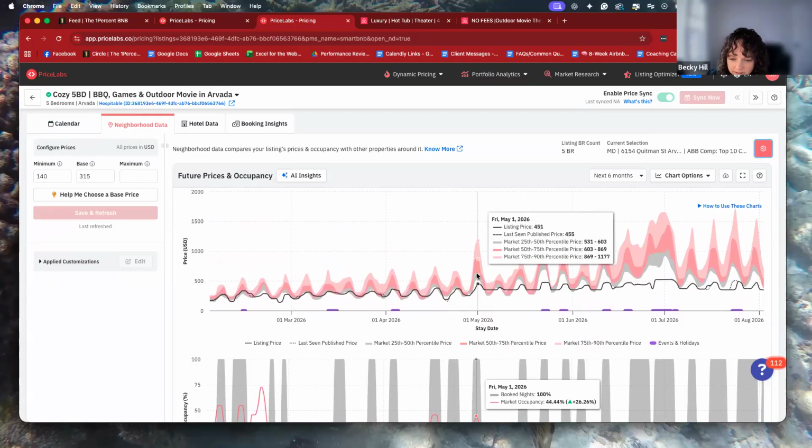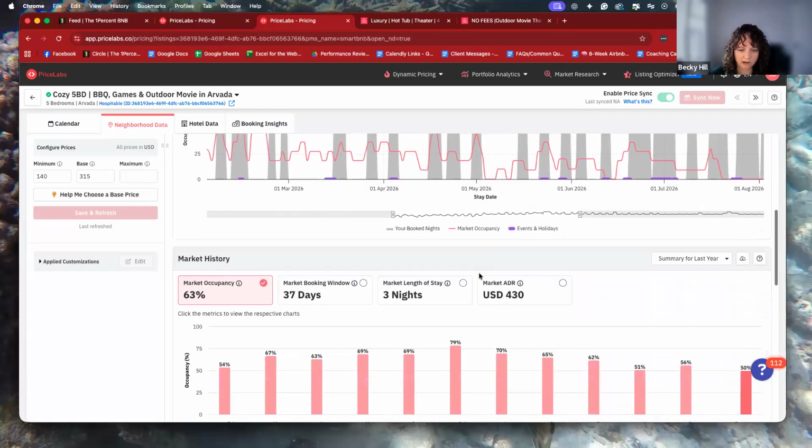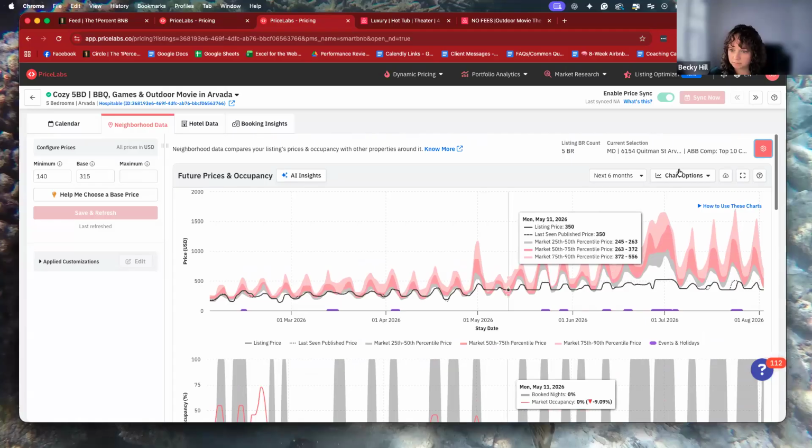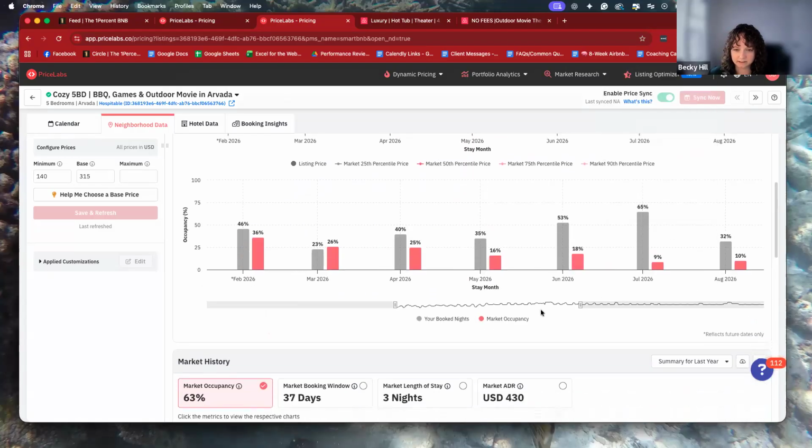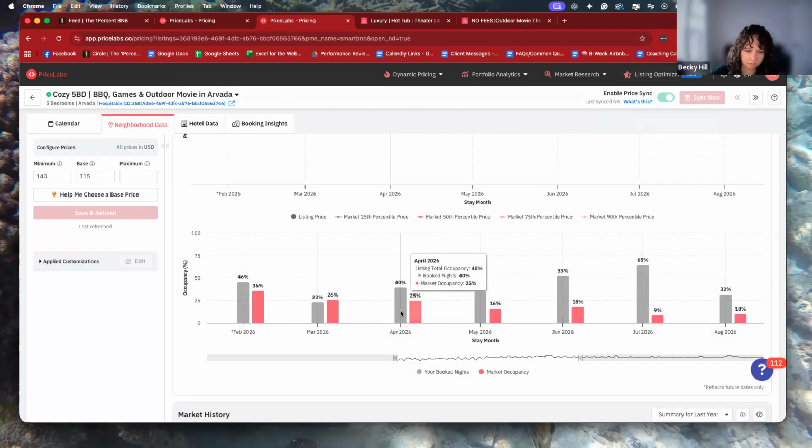So now when it talks about the 90th percentile, 50th percentile, it's talking about it based off of those comps that we just found. What I really like when you go based off of comps is I like to see this monthly occupancy because this is all based off of those comps now.